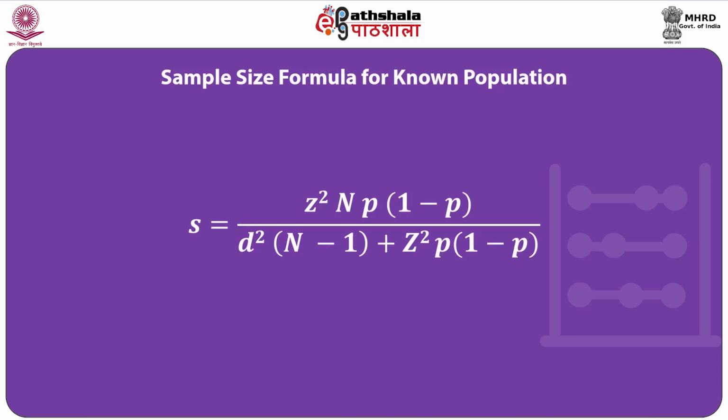Here the sample size S equals z square into N into p into 1 minus p divided by d square into N minus 1 plus z square into p into 1 minus p, where S is equal to required sample size, z is equal to z value 1.95 for 95% confidence interval, p is the population proportion expressed as a decimal assumed to be 0.5 or 50%, N equals population size, d equals degree of accuracy, and normally we keep it at 5% level, expressed as a proportion 0.05, which is also known as margin of error.